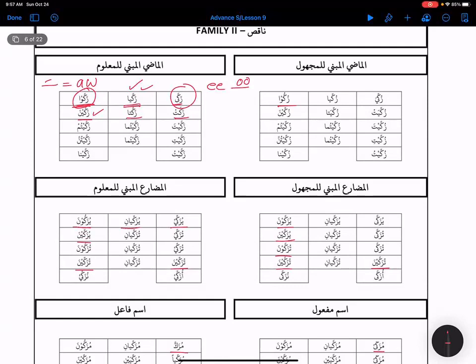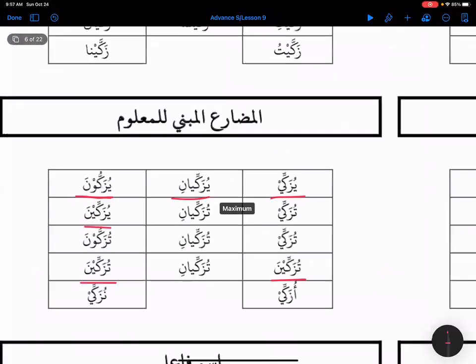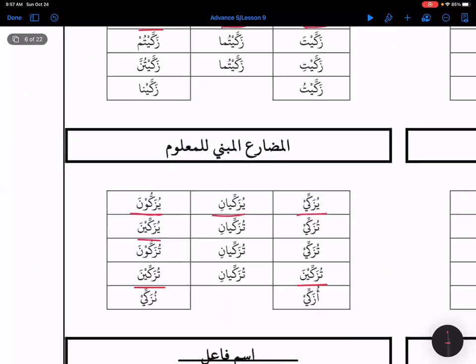And since the middle root letter has E sound, at Hum the Dhamma comes back. Yes, it will take U sound, so it will be yuzakkuna. Okay, so now move on.